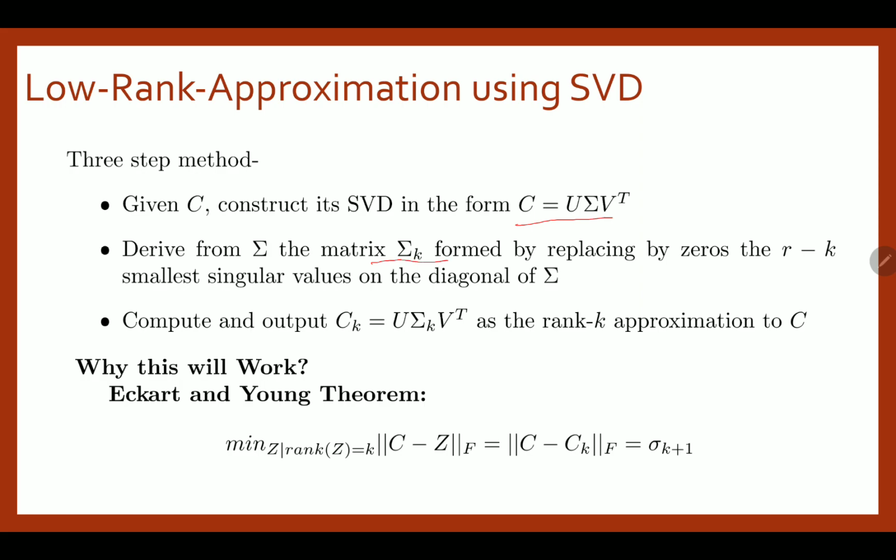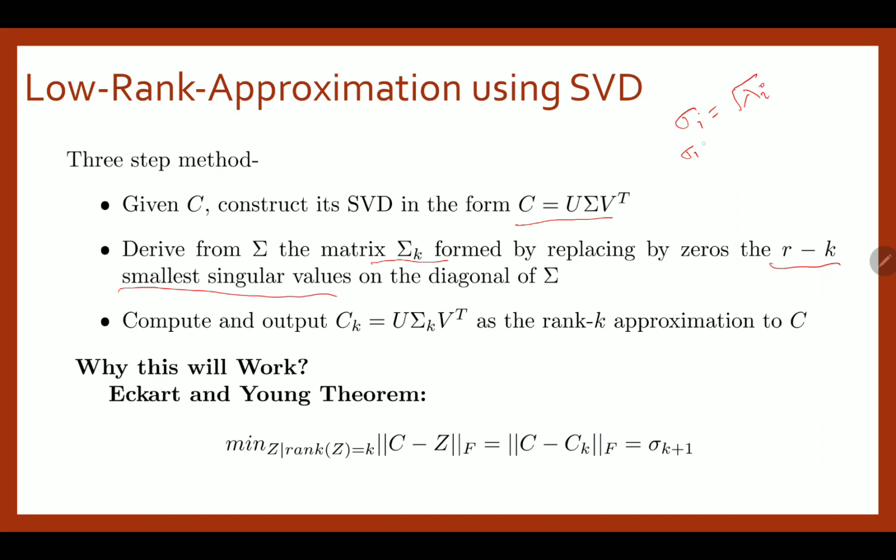We replace the R minus K smallest singular values. You remember that the singular values sigma i's are the square root of the lambda i's, where lambda i's are the eigenvalues of C C transpose, and we put them into decreasing order.